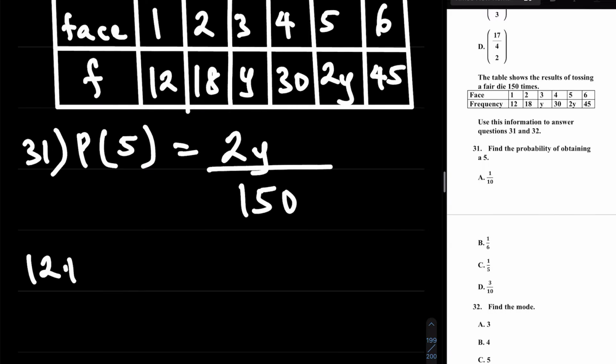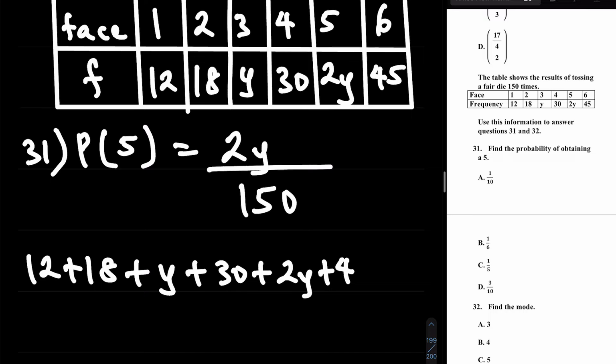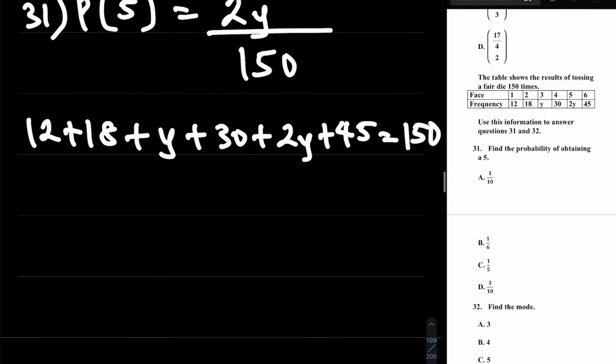So the sum of all the frequencies is 150. So 12 plus 18 plus y plus 30 plus 2y plus 45 equals 150. 12 plus 18 is 30. 30 plus 30 is 60, plus 45 is 105.